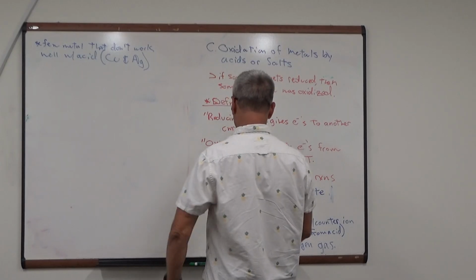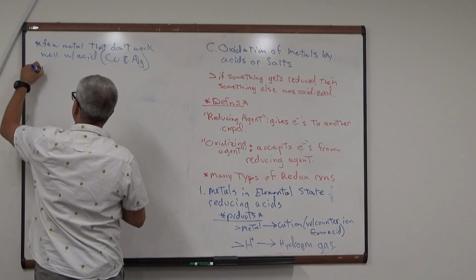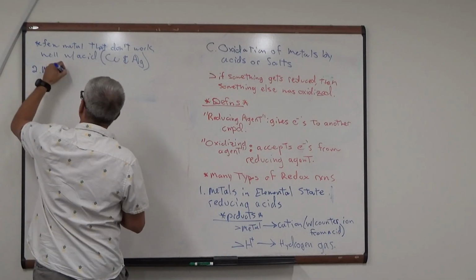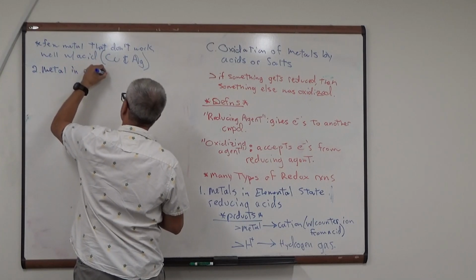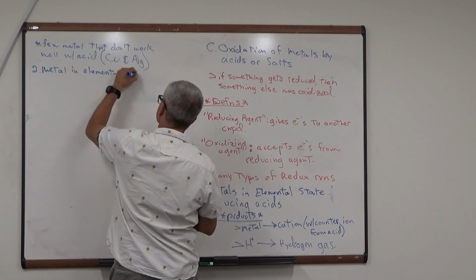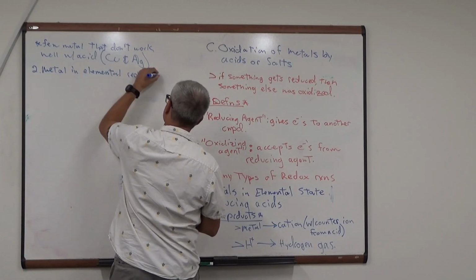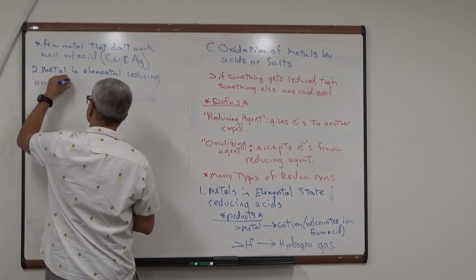Okay, and then the second type I want to talk about is a metal in elemental form reducing another metal cation.